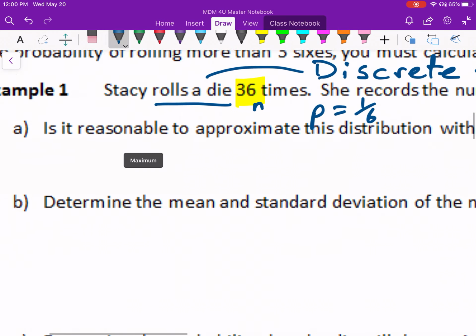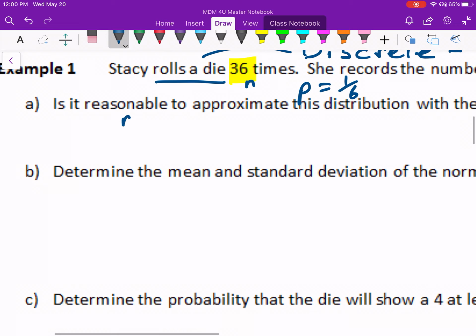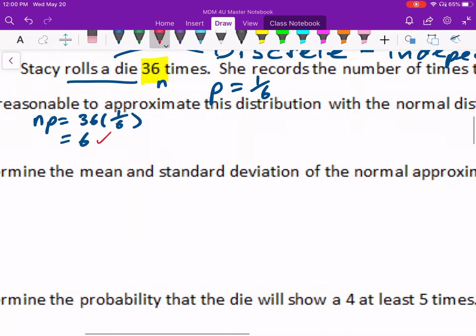So np equals 36 times 1/6, which equals 6. And 6 is greater than 5, so that's good. nq is going to be 36 times 5/6. Remember, q is just the difference between p and 1, so 5/6. And so that would equal 30.